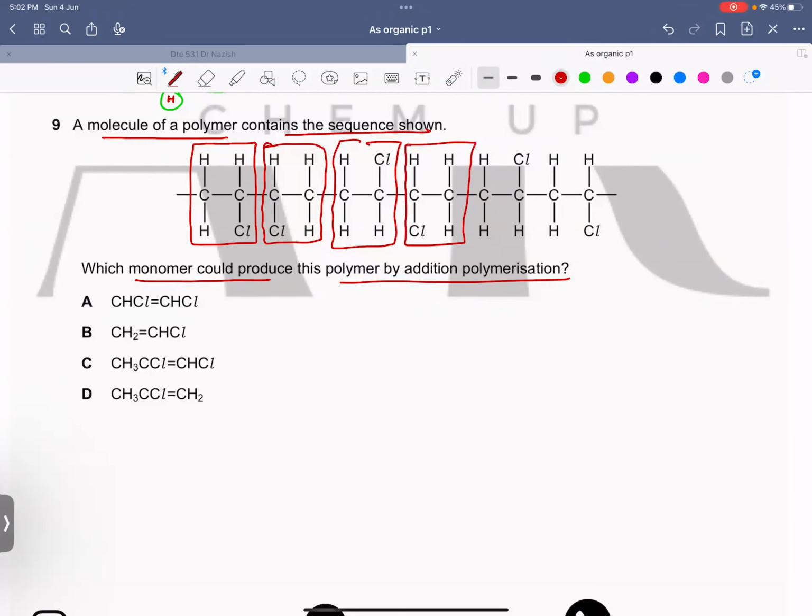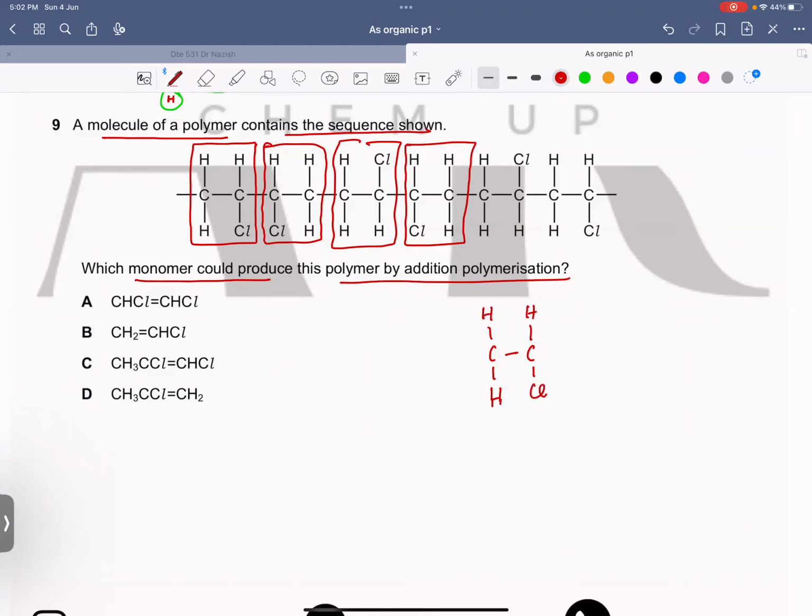Okay. So if I make it individually, I have 2 carbon atoms. Out of these 2 carbon atoms, 1 carbon has two hydrogens. The other carbon has 1 chlorine and 1 hydrogen.